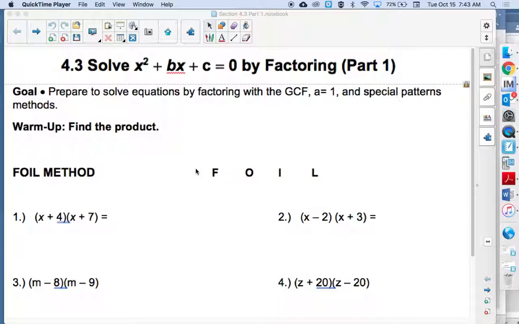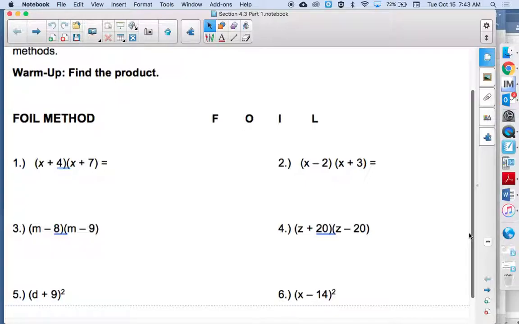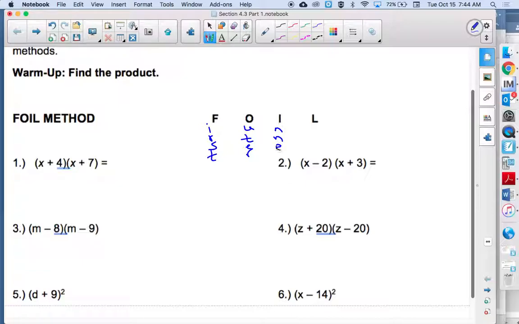It's kind of the opposite of factoring. So he said first, outer, inner, and then last. So it's a way to multiply a binomial times a binomial. 2 things times 2 things.